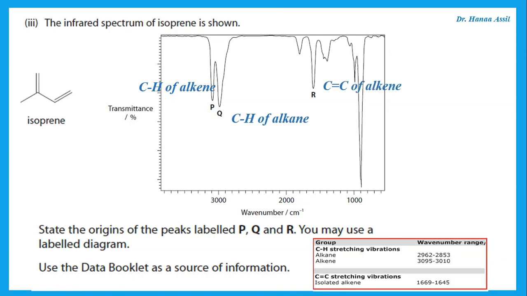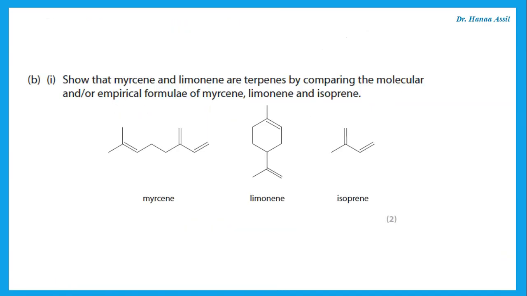What is R? R is for the C=C double bond of an alkene. You get all of these from the data booklet and translate them into the spectrum.